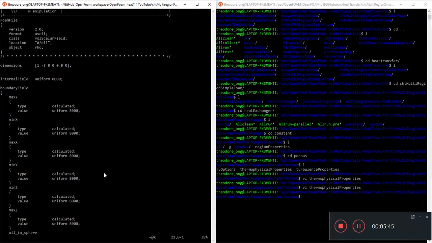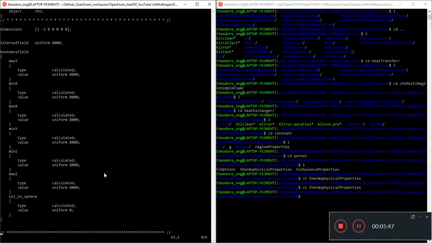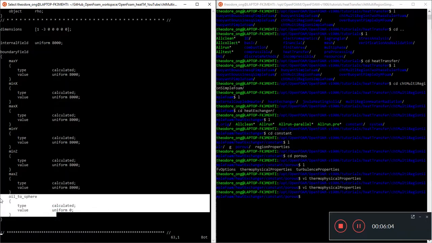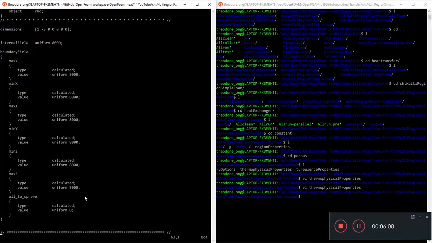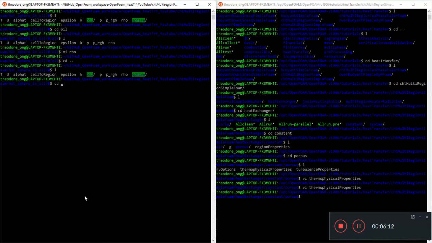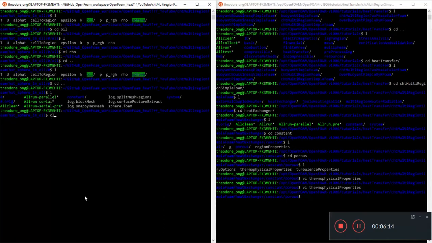Again, the type is all calculated, meaning all the values are taken from elsewhere. These are just like placeholder conditions. You don't really have to bother so much. But of course, we can actually change this to 8,000 just to match everything up nicely for the sake of looking good. But your densities are all determined elsewhere.